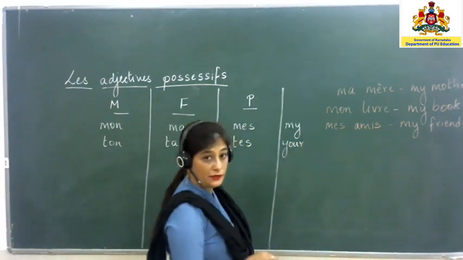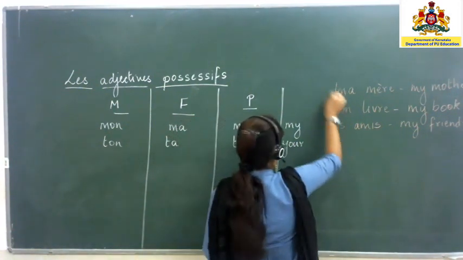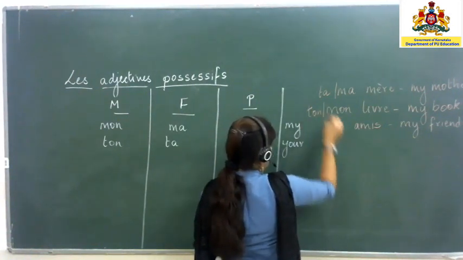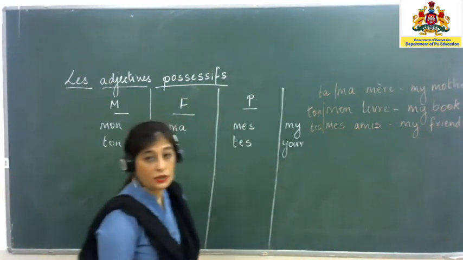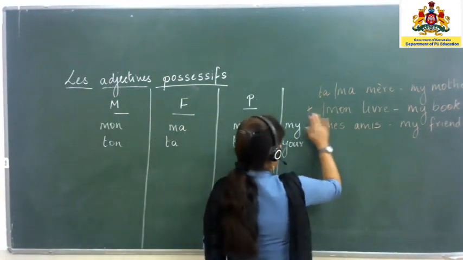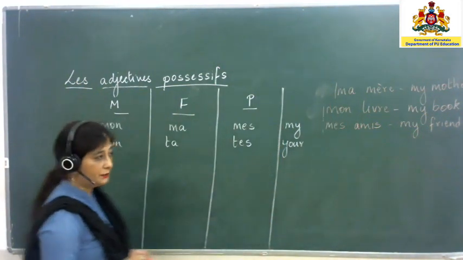So instead of my mother, I want to say your mother. It could be ta mère. Your book could be ton livre or tes amis, your friends, right? So depending on that, we can keep changing that. It will depend on the noun and the gender.